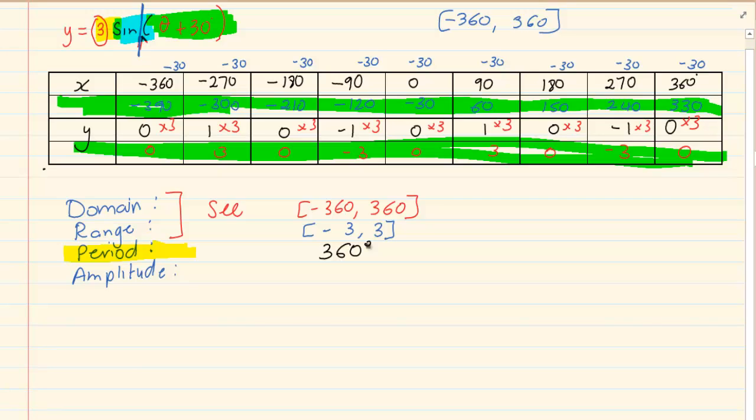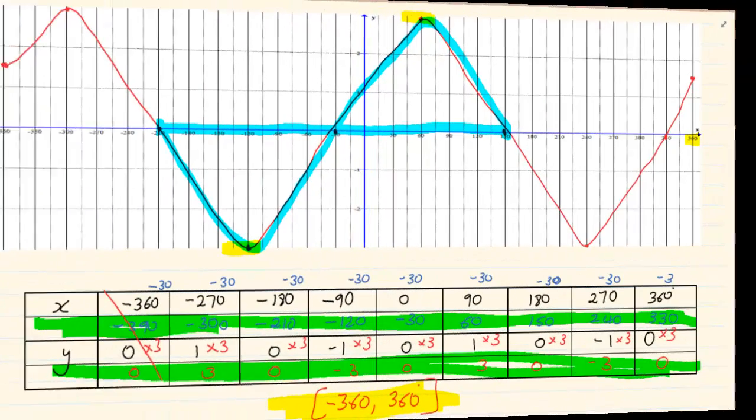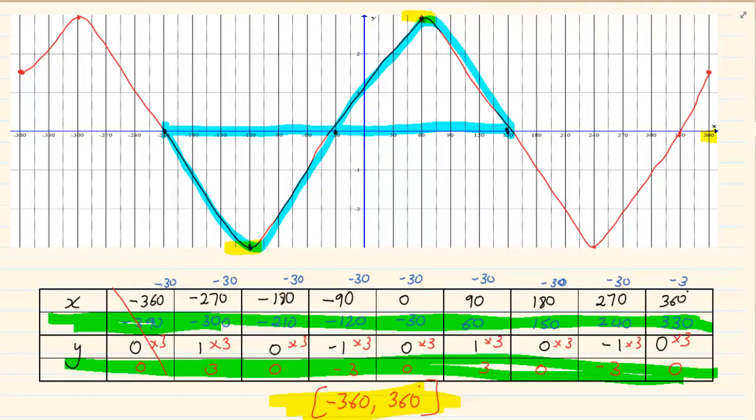What is the amplitude? Now, amplitude, you usually take the highest point minus the lowest point divided by 2, provided there is an entire graph that is drawn. Remember, if I give you half the graph, let's say we only drew a piece of the graph.